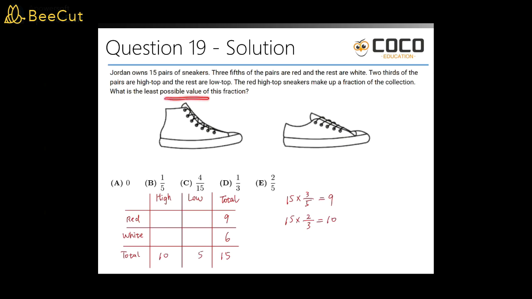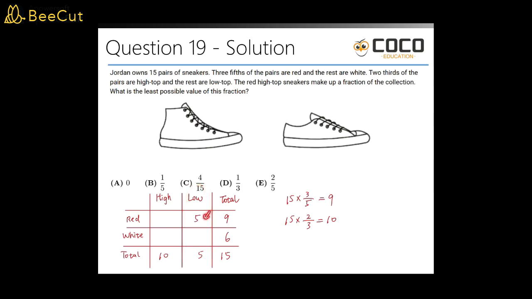We want to get the least possible number for the red high top, which is the number here. Now, we know that the total number of red is 9. And next thing we know is for the red low top, the most we can get is 5, because for this column, the total is only 5.